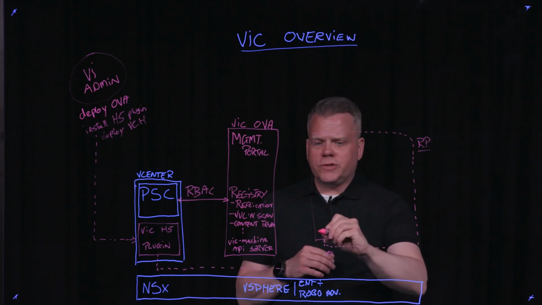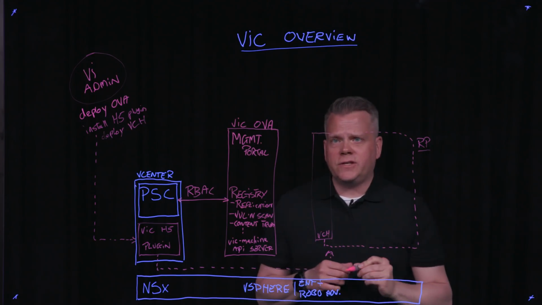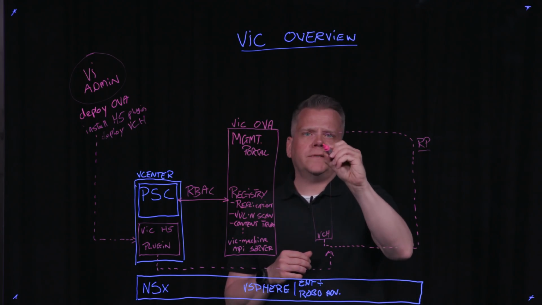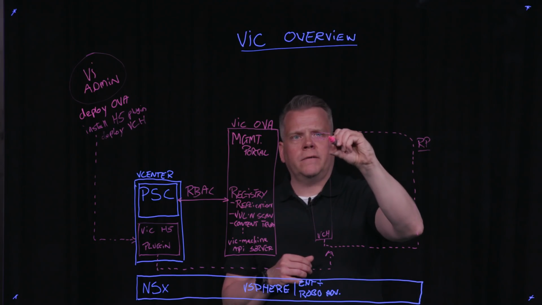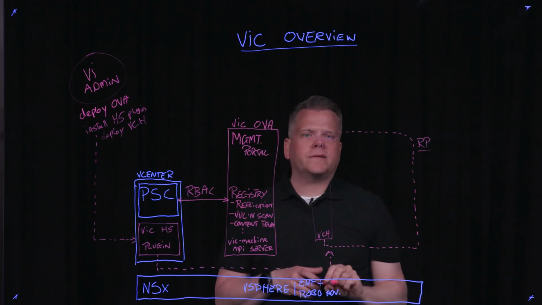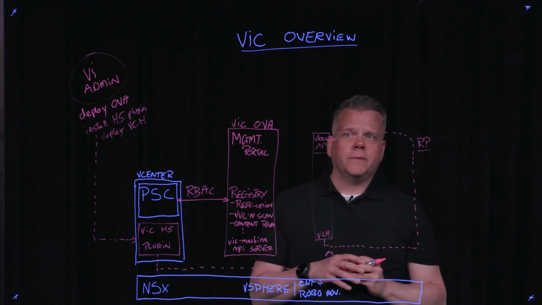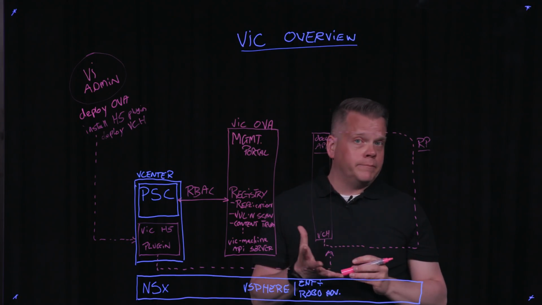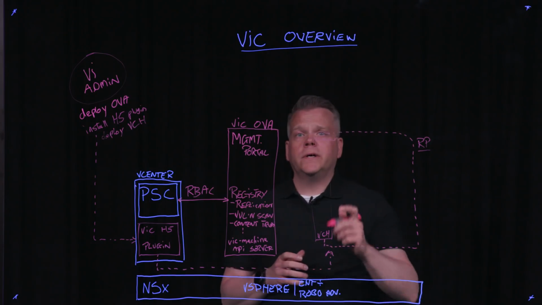So we start with a resource pool. We provision one VM, that's my VCH VM. And one of the key things that that VCH VM will give me is my Docker API. So we're exposing a Docker compatible API that's going to be able to answer regular Docker CLI or Docker API calls.